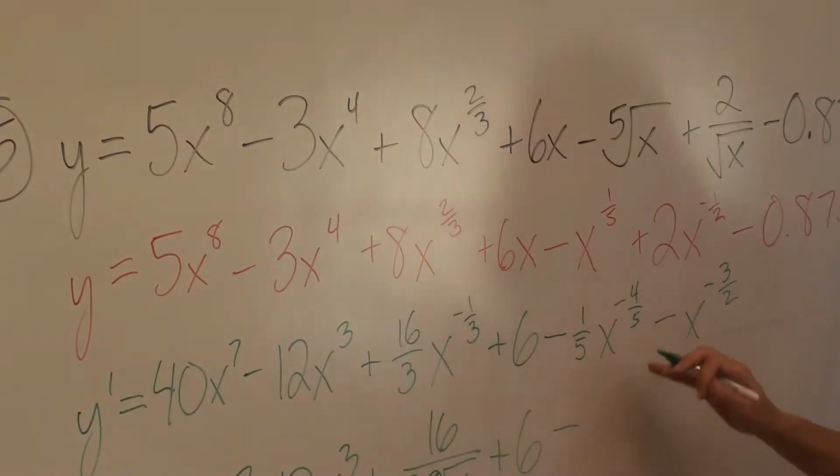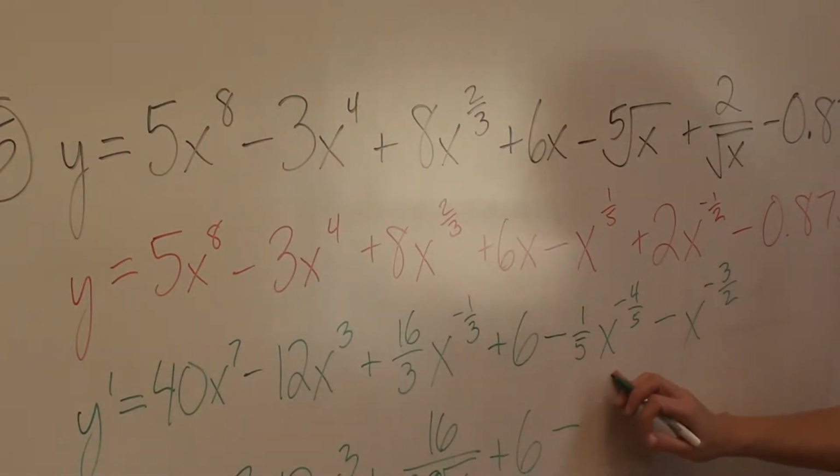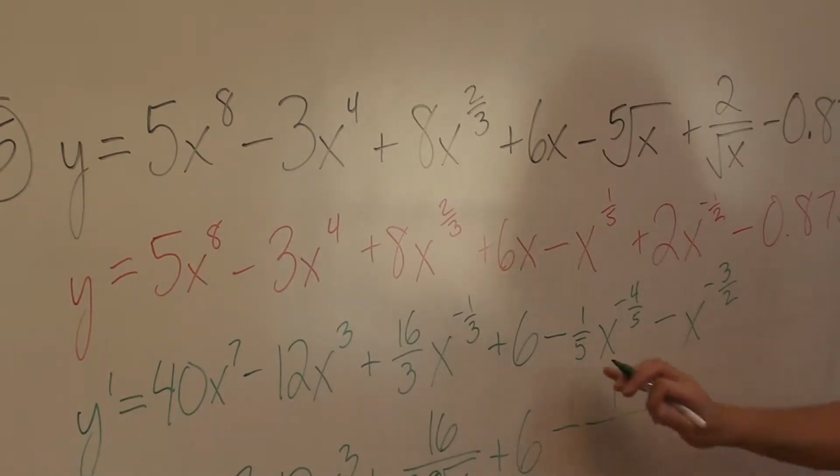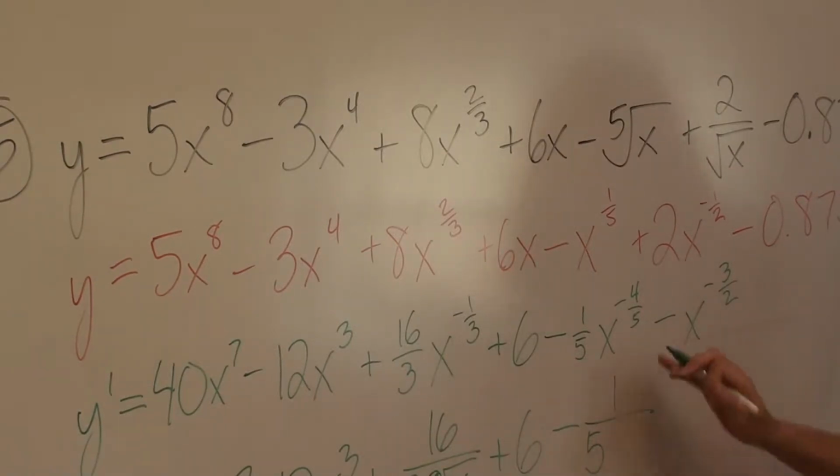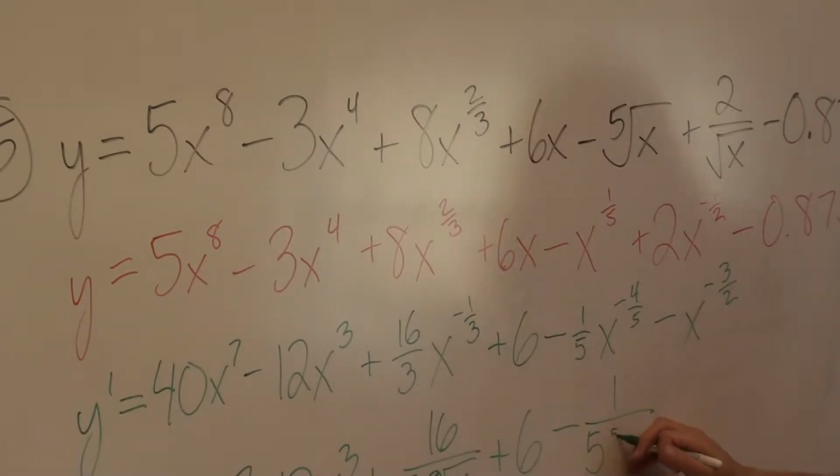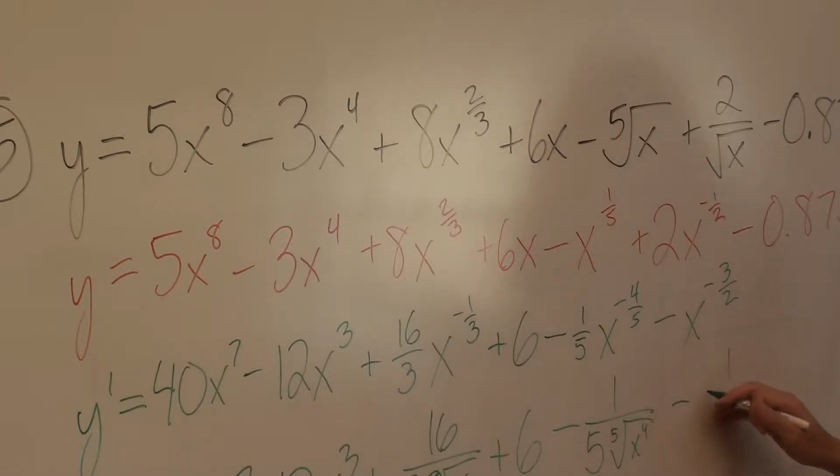Okay, minus, what's going to be on top for this guy? 1 over 5th root of x to the 4th. Minus 1 over square root x cubed. Bang. Is that okay?